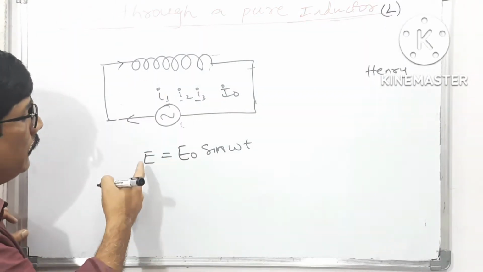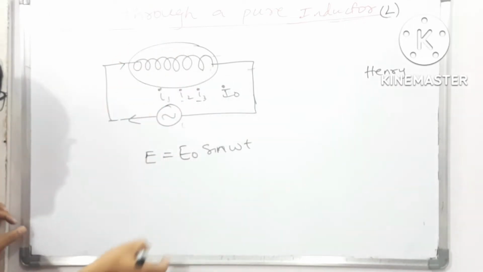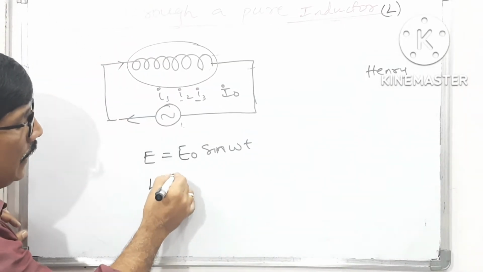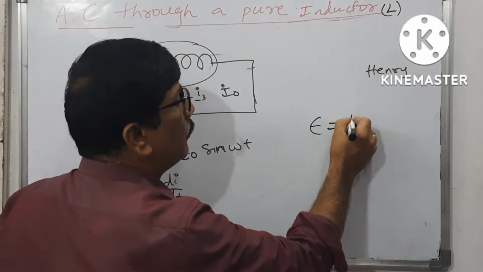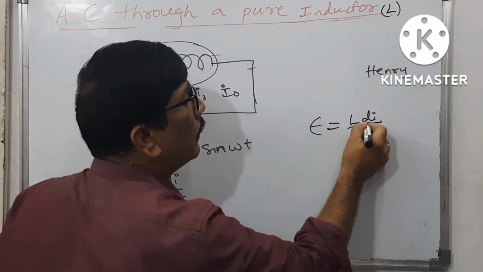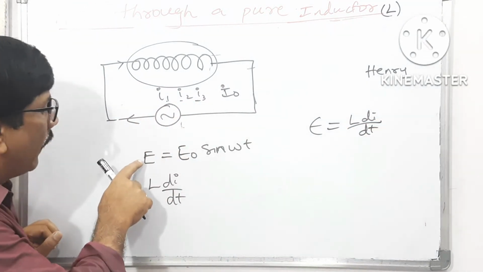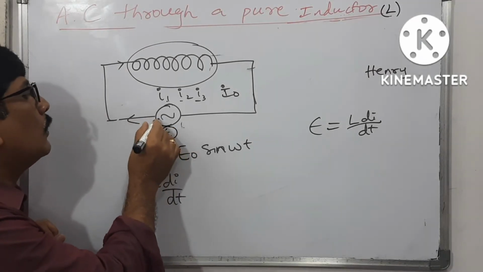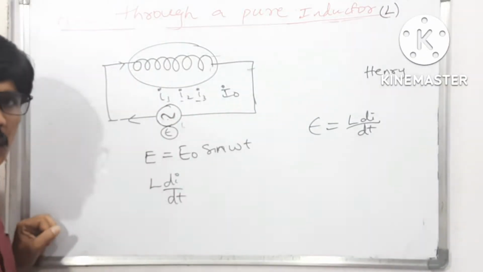When it is passing through the inductor, the electromotive force produced in the inductor at any instant of time is L di by dt. You already know that. Induced EMF is nothing but L di by dt. You may ask why, since the electromotive force is given by the source.